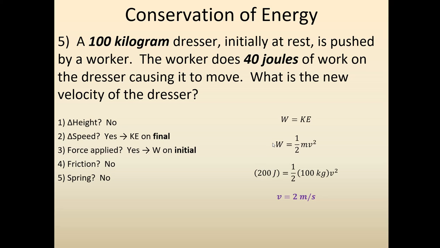That's the entire problem. Again, use the 5 questions to figure out how the energies are going to be set equal to each other, which ones are being set equal to each other. Plug equations in if necessary, and then follow through with some quick algebra. That's it. Like I said, that is the bulk of the energy topic. This is the part that people have the most trouble with. Everything else, there's 2 more things that we're going to talk about.